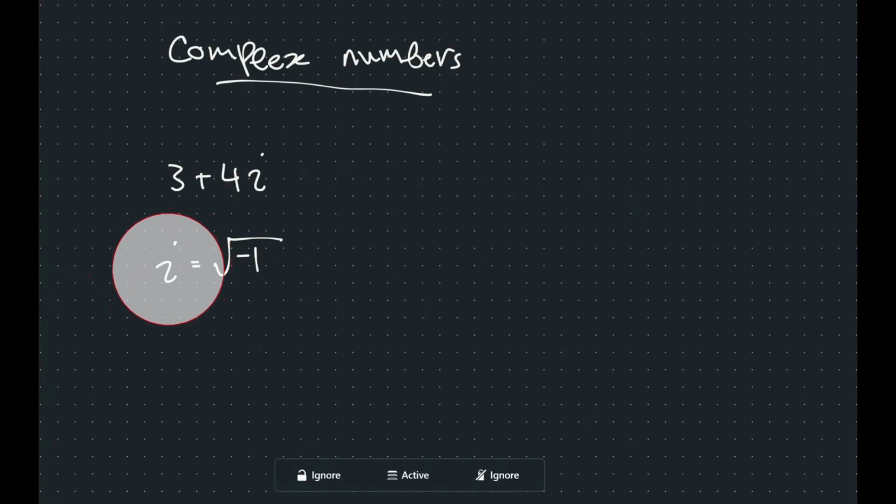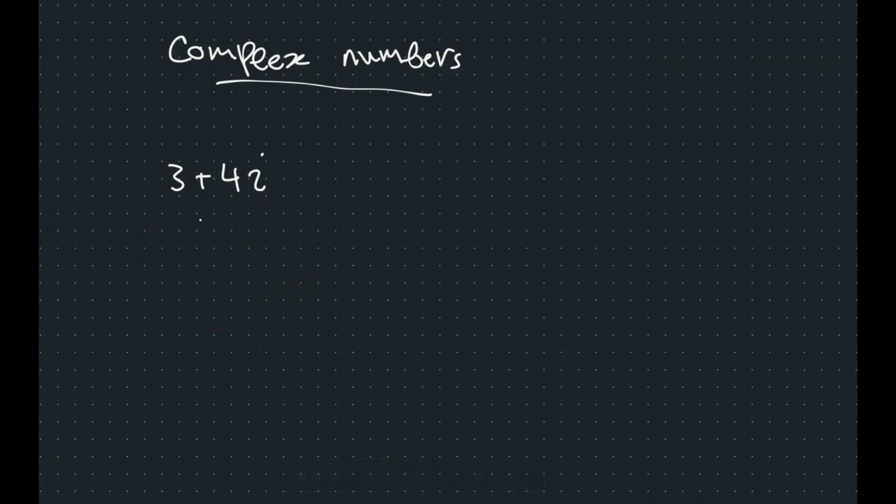So if we have 3 plus 4i, we will have two parts. We will have a real part. So this part is real because it exists in the real plane, and this part is imaginary. And this is the idea behind complex numbers.